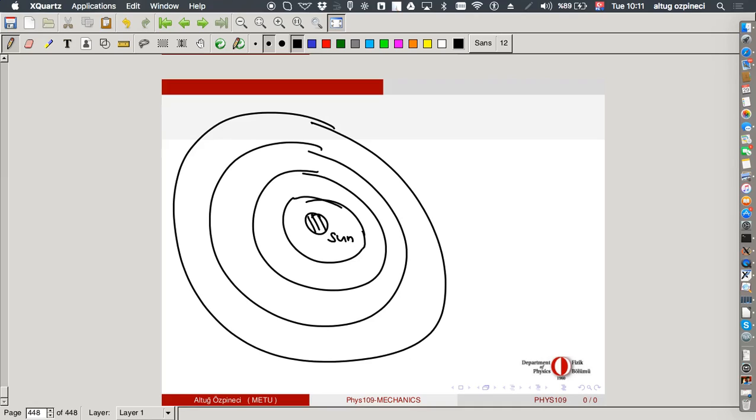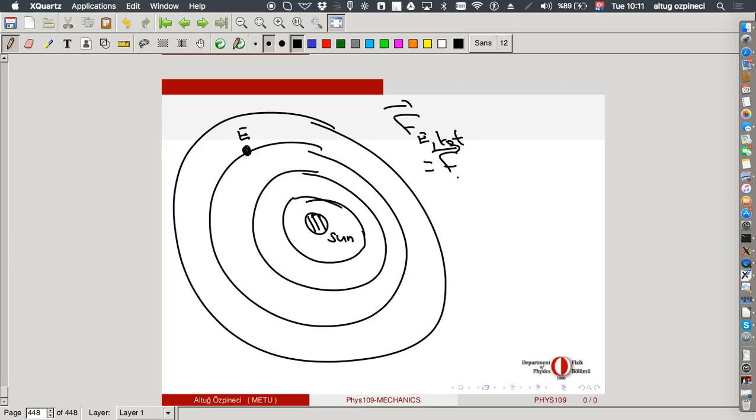Well, let's continue with the orbits of the planets. Now, if you look at Earth, let's say this is Earth. The total force acting on Earth will be just the sum of the forces acting on Earth.